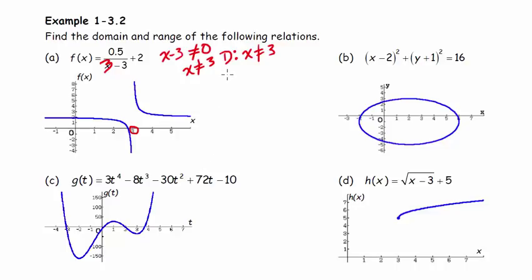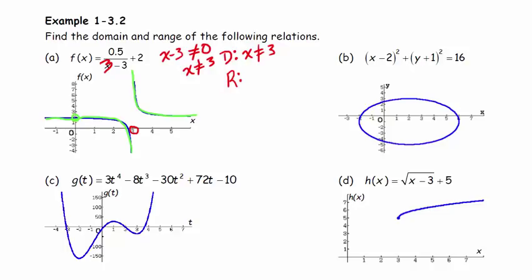Now the range is a little more difficult. Like I said, I'd rather use the graphical representation and think up and down. If I start down here at the bottom, I can take on this value, this value, this value, this one here, and it looks like I get really, really close to 2, but then do you see I jump over 2 here?